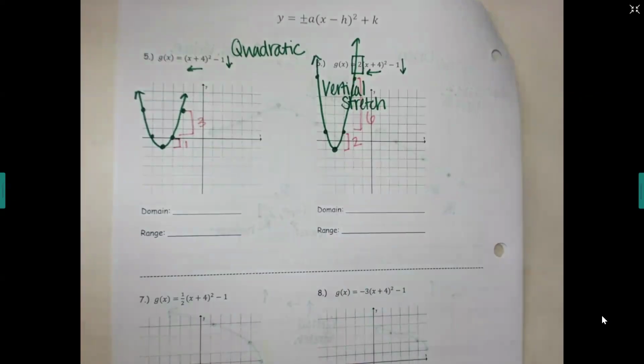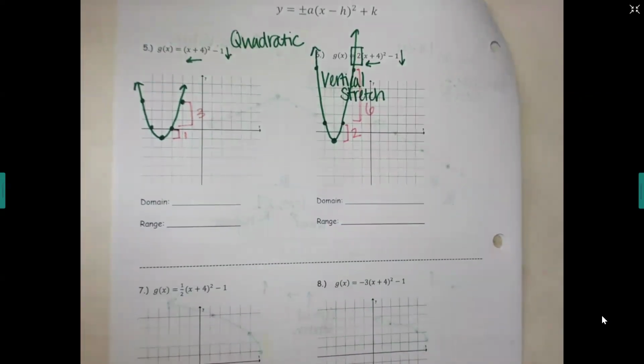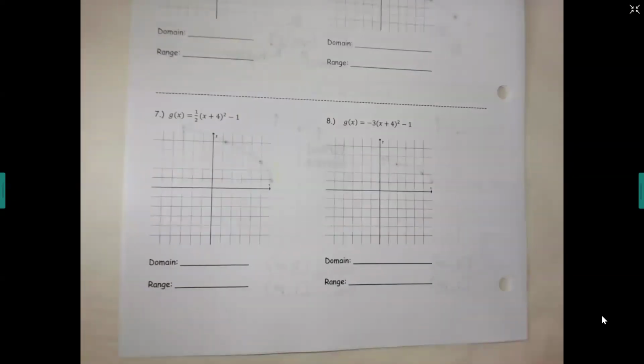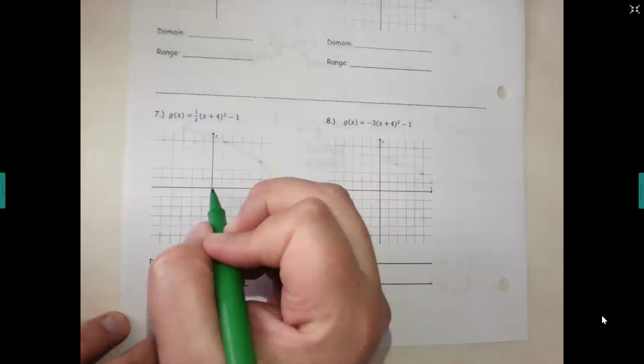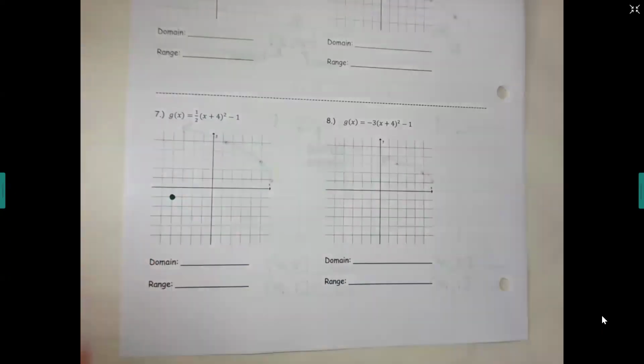All right, go down to, let's do number 7. We still have a +4 and a -1, which means that my start point is going to be the same. So if you want to go ahead and sketch, you're going to the left 4, down 1. Okay, but this time the number in the front is a fraction.